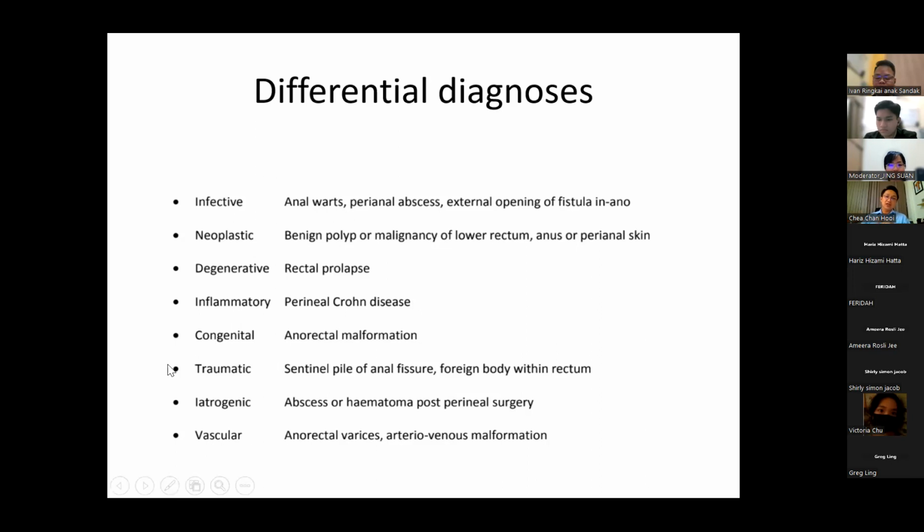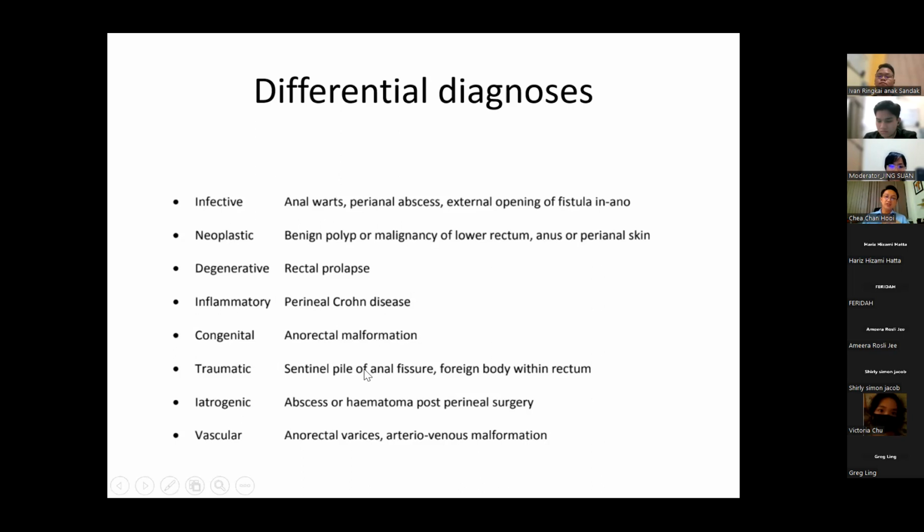Right. So apart from that, you can also entertain whether it could be a perineal Crohn's disease. I know it's less common in our country, in our population here in Malaysia, or even Asian patients. But sometimes you still see patients with Crohn's.